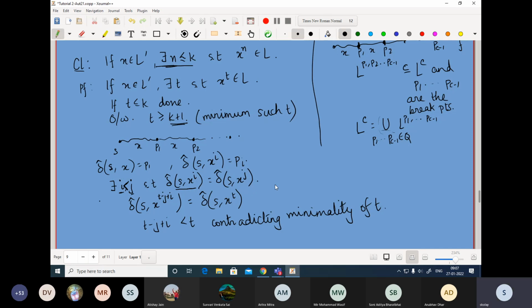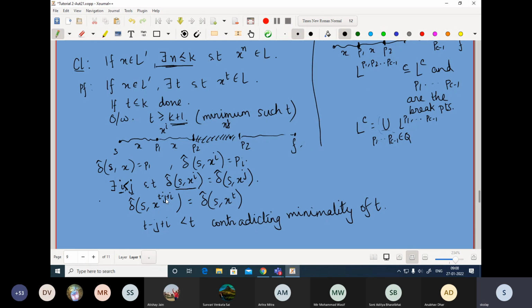If they are the same, you take out, so suppose x to the i ended in P2 and then x to the j ended back in P2. Then his claim is you leave this part out. You follow x to the i and then you follow the rest of the copies of x to whatever final state there is. This is a shorter string.